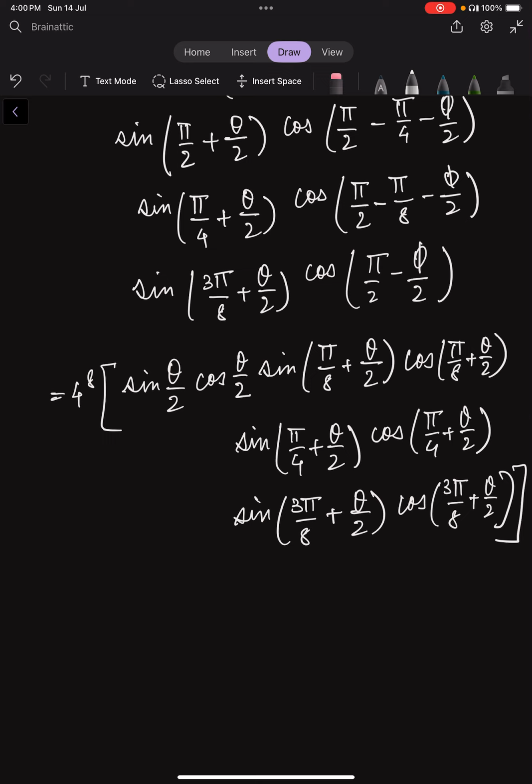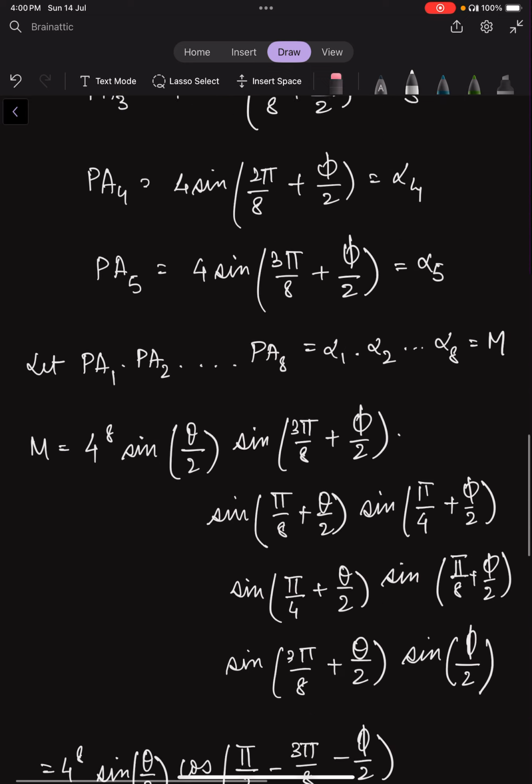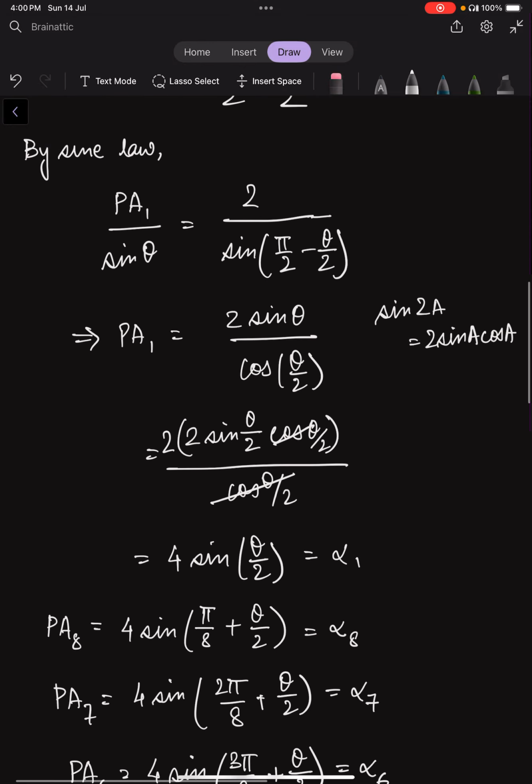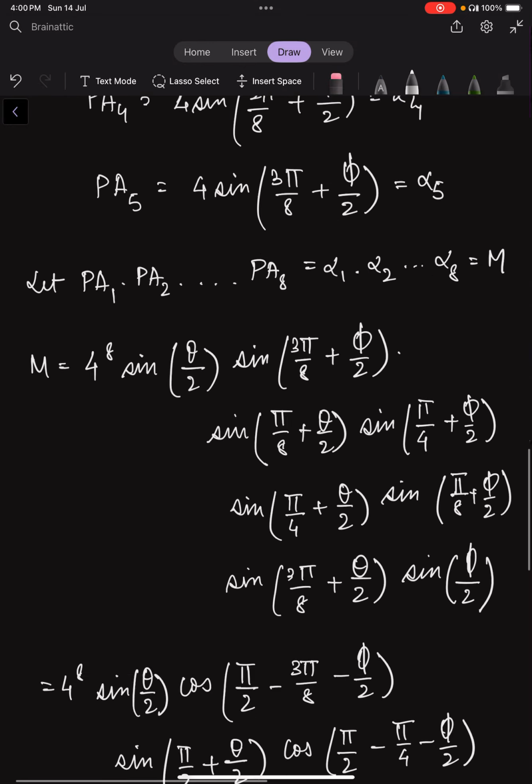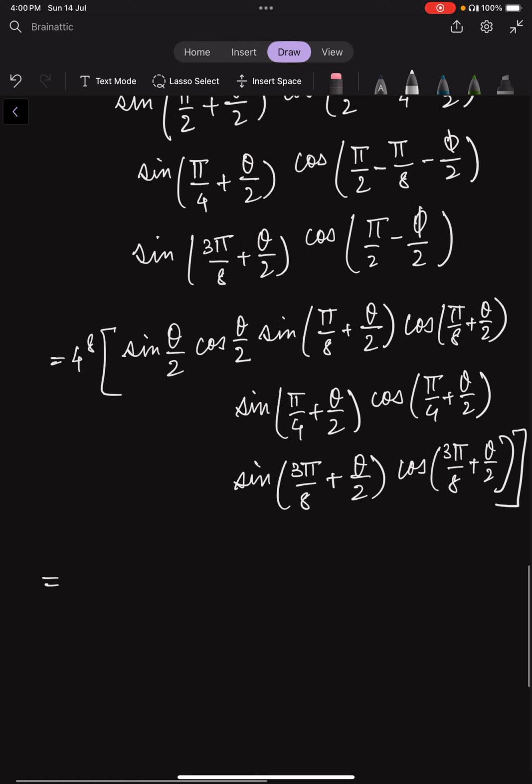Now what I'm going to do is I will again use the formula which I have already shown to you, which is sine 2a is equal to 2 sine a cos a. So what I have now is power 16.